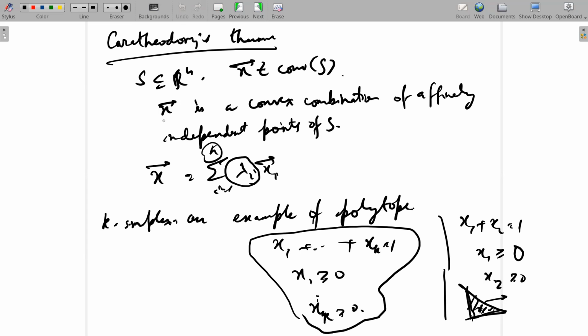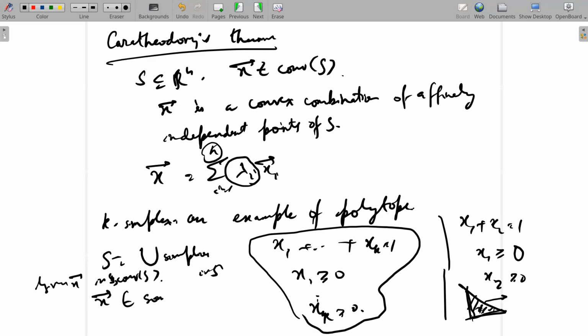Okay. So essentially what I want to say is S is the union of all simplices in S. This is essentially what I'm claiming. So given any point X in the convex hull of S, I want to say X belongs to some simplex with vertices in S. This is what I want to claim.